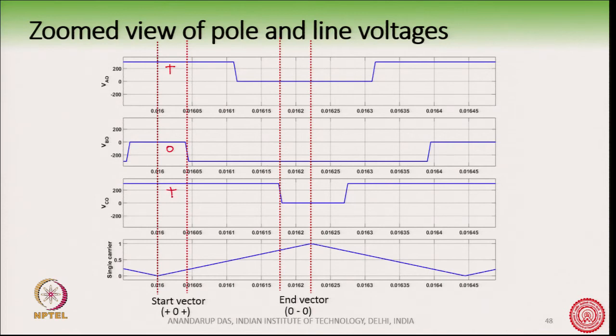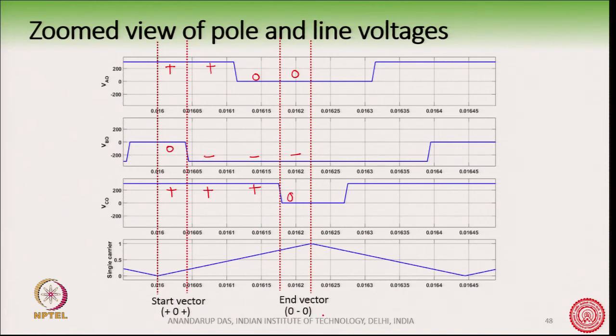So, plus 0 plus is the start vector, and then we have two vectors here, plus minus plus, and then 0 minus plus, and then you have 0 minus 0. So, your start and end vectors are plus 0 plus and 0 minus 0.